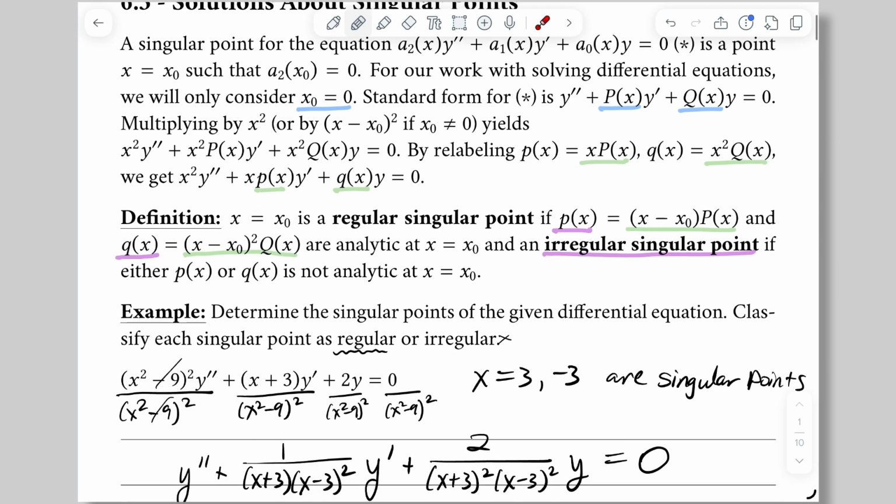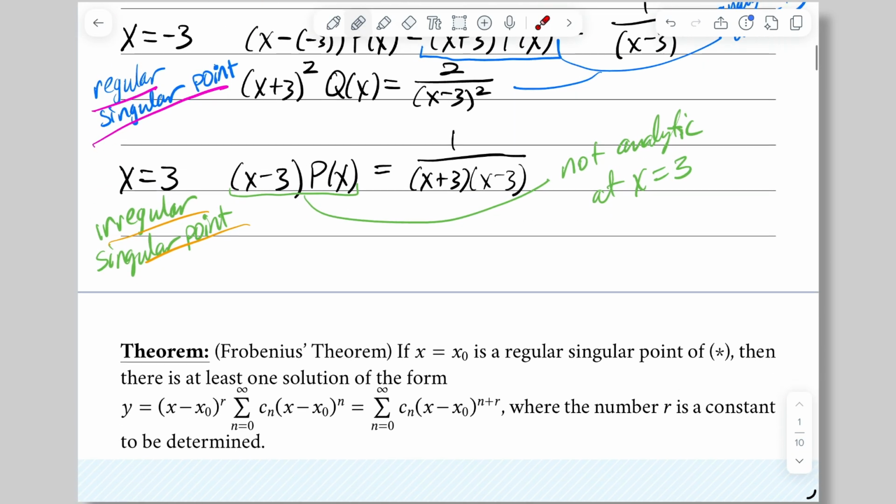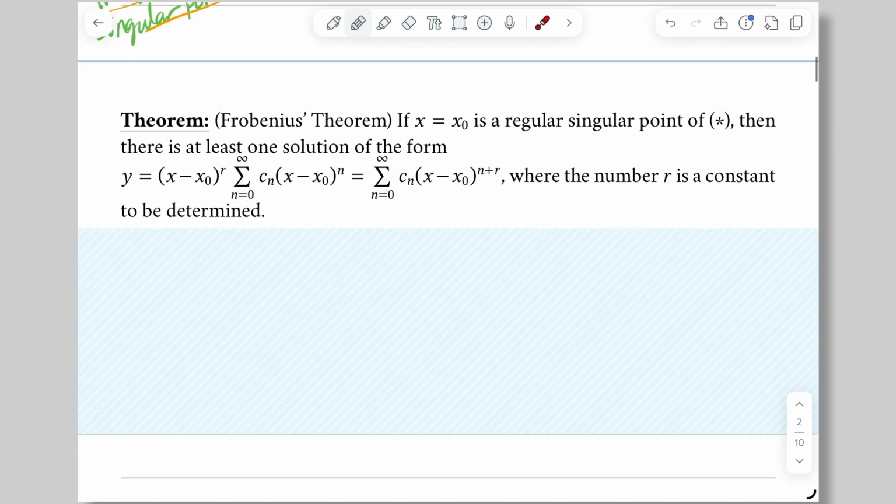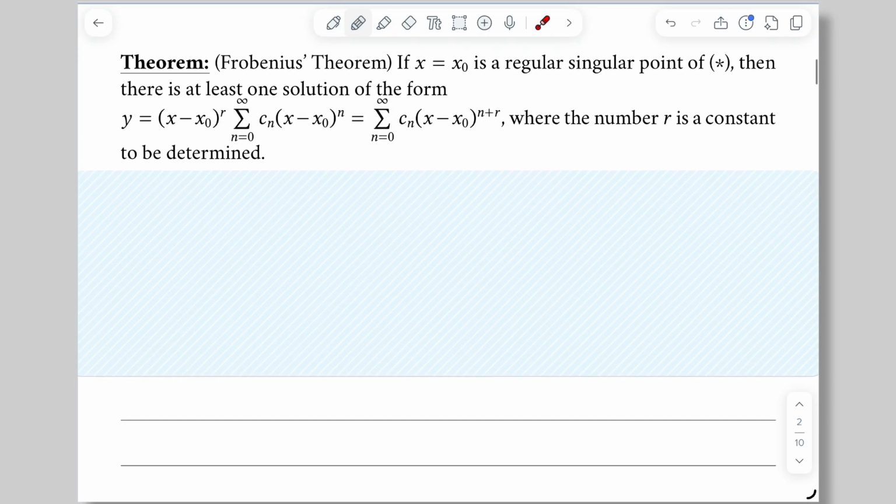You'll do that a couple of times, but then really our work is going to be with regular singular points. And now we have the main theorem for this set of videos, Frobenius theorem. If x equals x naught is a regular singular point of the second order differential equation we started with here, then there's at least one solution of the form y equals x minus x naught to the r times the power series centered at x naught.